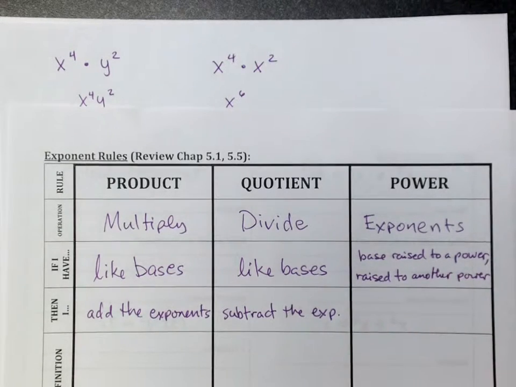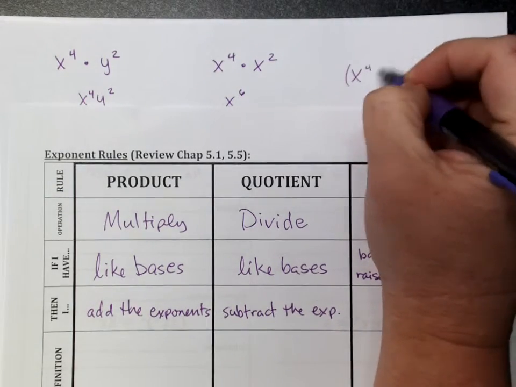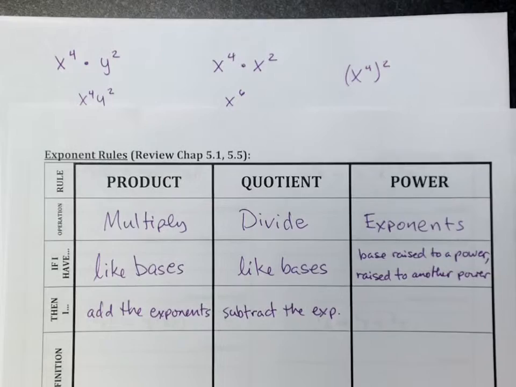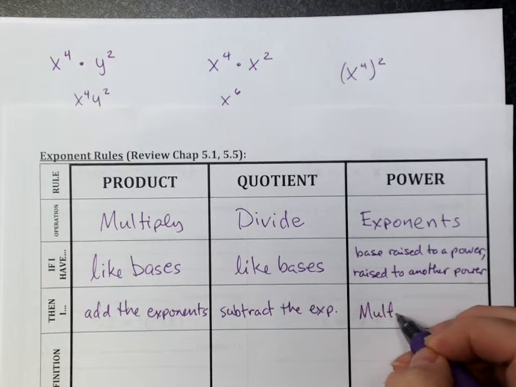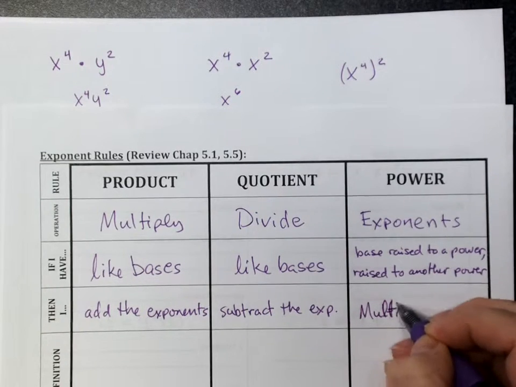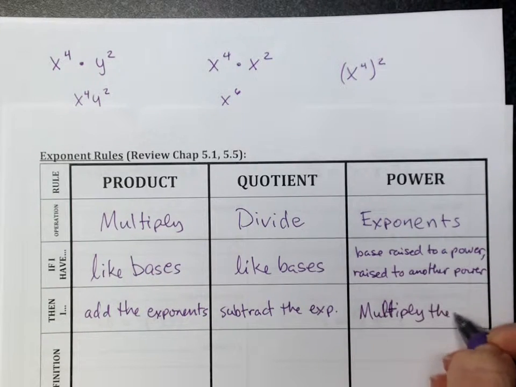So when you've got a base with a power raised to another power, say we've got x to the 4th squared, what do we do to the exponents? Multiply them, right. Multiply the exponents.